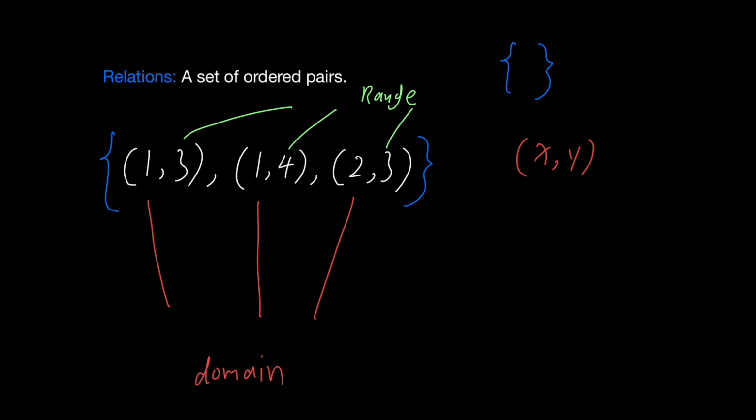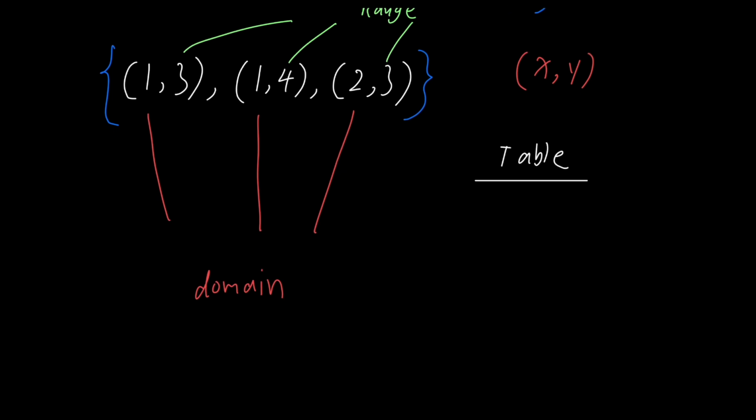We also have a different way to describe this whole thing. We use the table method. So this is the table method. Because it's called the table method, we're going to draw a table. So this is a horizontal line, and draw a vertical line.